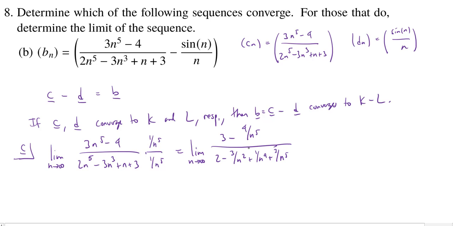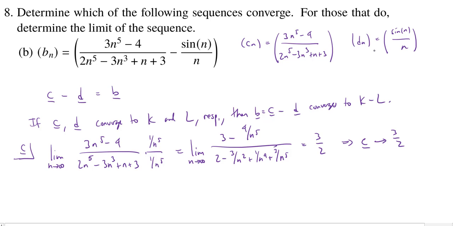Each one of these individual pieces is going to converge to something. The 3 and the 2 are what they are, and the rest, as n goes to infinity, all converge to 0. And so this limit will be 3 over 2. So this implies that the sequence c converges to 3/2.